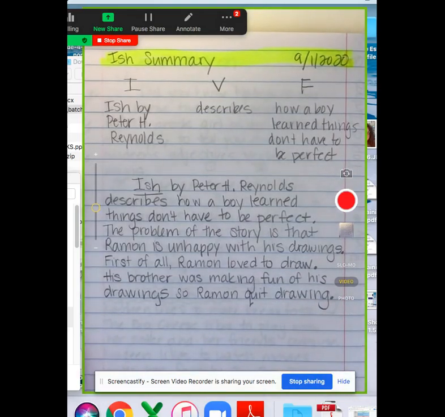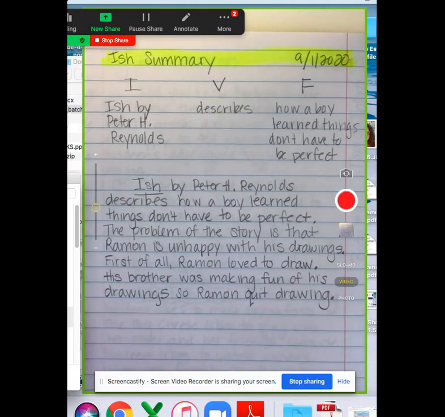Perfect. Thank you, Clara. Okay, I'm going to start this next sentence because I want to start with, then Ramon discovered.